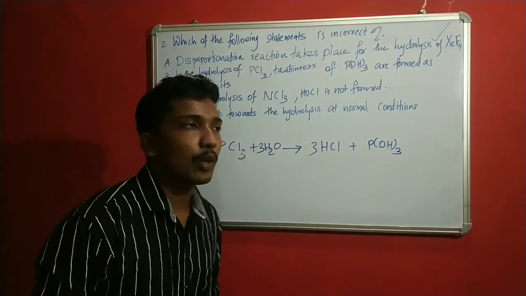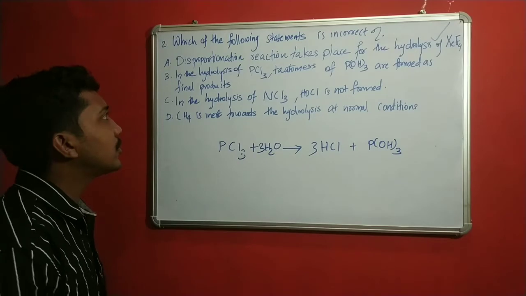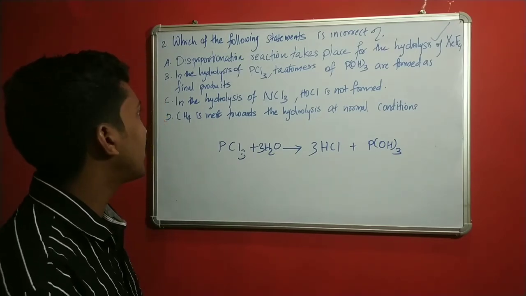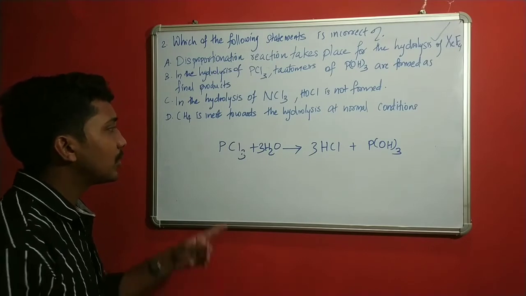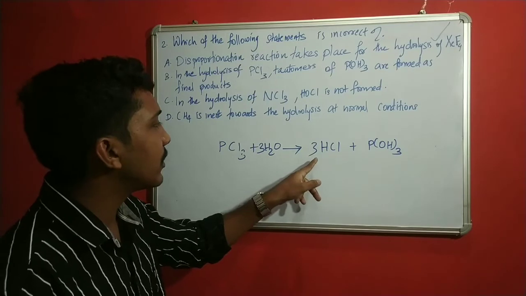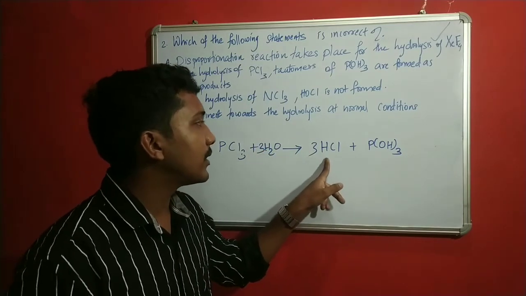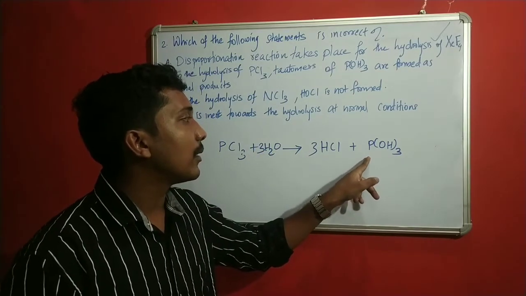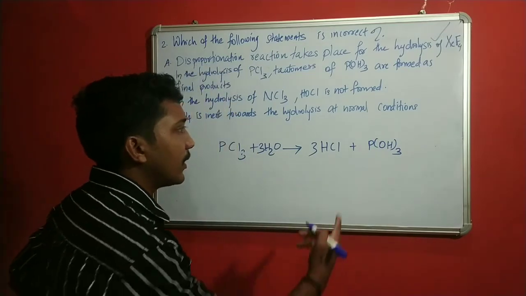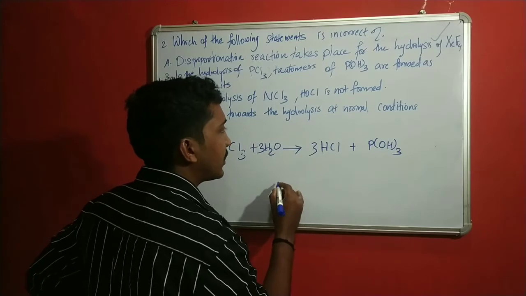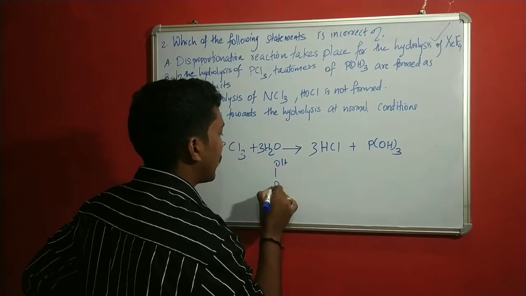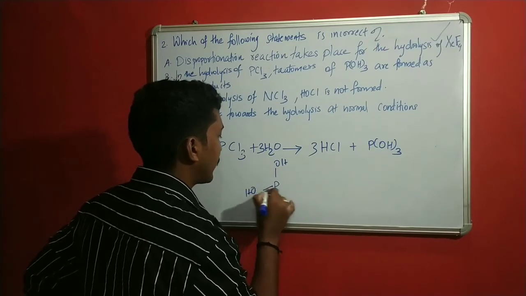Let us take the second option. It says, in the hydrolysis of PCl3, tautomers of P(OH)3 are formed as final products. So PCl3, when it undergoes hydrolysis, gives 3 moles of HCl and 1 mole of P(OH)3. So this P(OH)3 structure is OH, OH, OH.